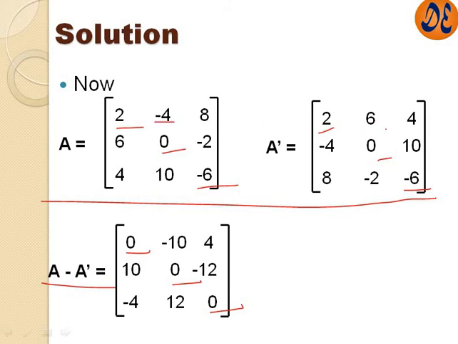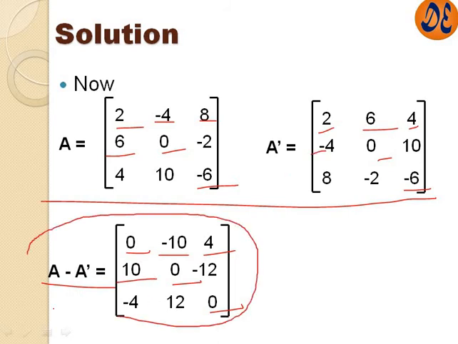Minus 4 minus 6 is minus 10. 8 minus 4 is 4. 6 minus 4 is 10, and so on. We can obtain this particular matrix, that is A minus A dash.